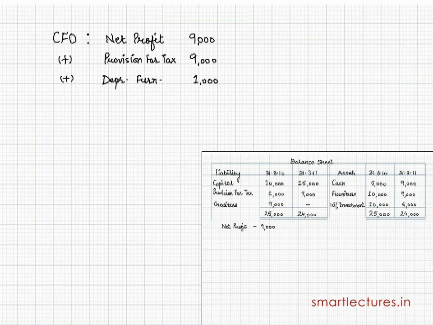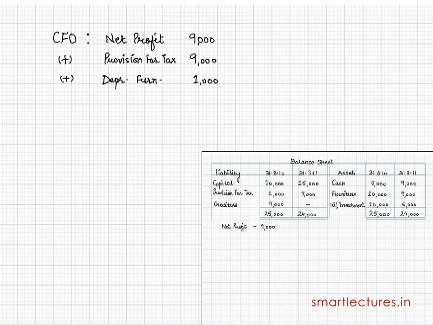Now on asset side, there is 10% investment. Previously it was 10,000, now it is 6,000. What it means? This firm has invested money in some long-term investment, and last year it was 10,000, and you are getting 10% income. It means during this year the company must have got 1,000 rupees as interest from outside.